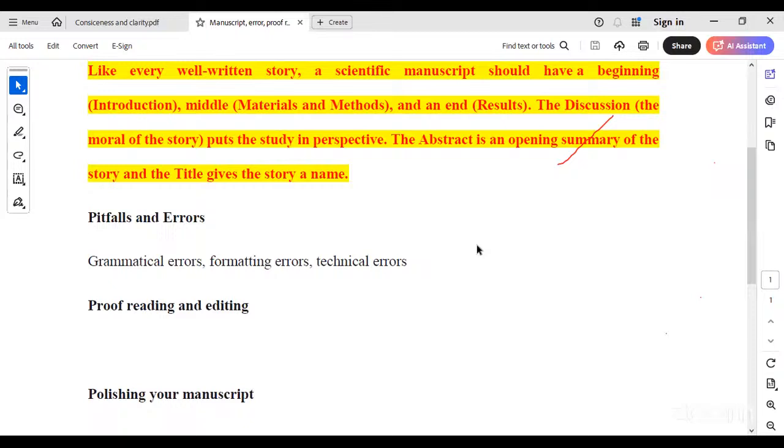Now, if we talk about the consequences of technical errors, they may also be perceived as a lack of professionalism. In all three, grammatical errors, formatting errors, and technical errors, a lack of professionalism is shown first of all.